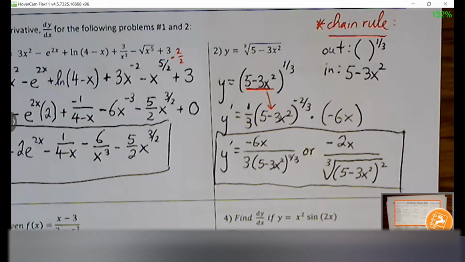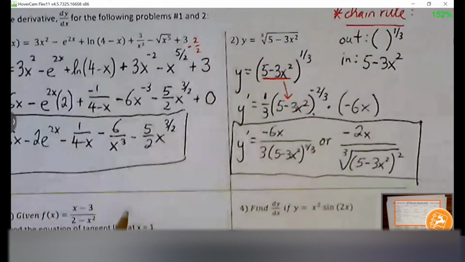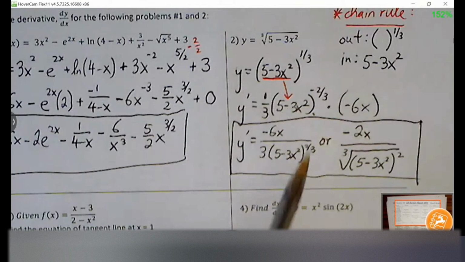So let's say we leave it as 1/3 (5 minus 3x squared) to the negative 2/3 times negative 6x. Would that still be acceptable on the AP exam? I think so. Yeah. For me, I like to have students bring it down for positive exponents, but I don't think you'll lose points on free response.